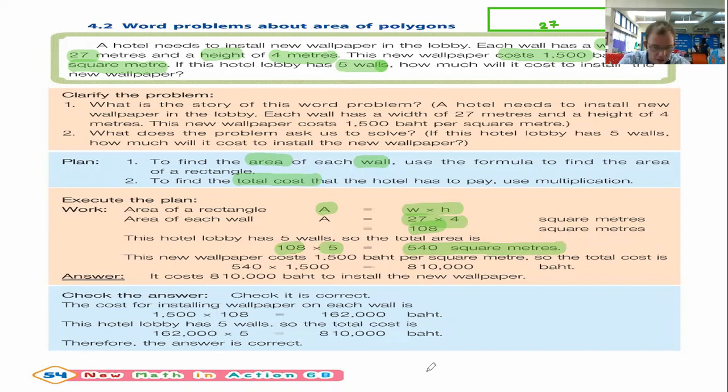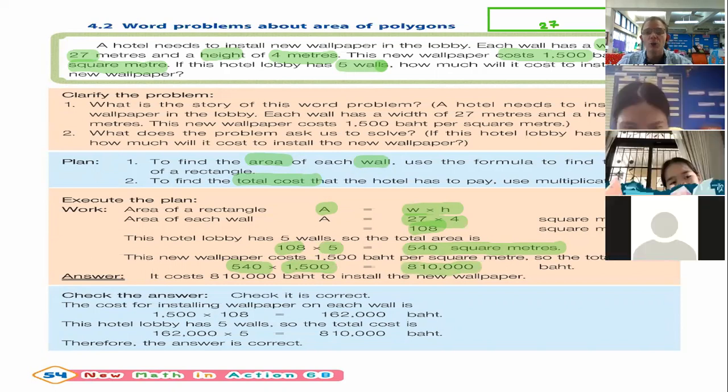So we take our 540 square meters, multiply by 1,500 per square meter, and we're going to end up with 810,000 baht. And remember, when we write our answers while doing word problems, we have to write a small sentence. Okay, so that's just a quick explanation.